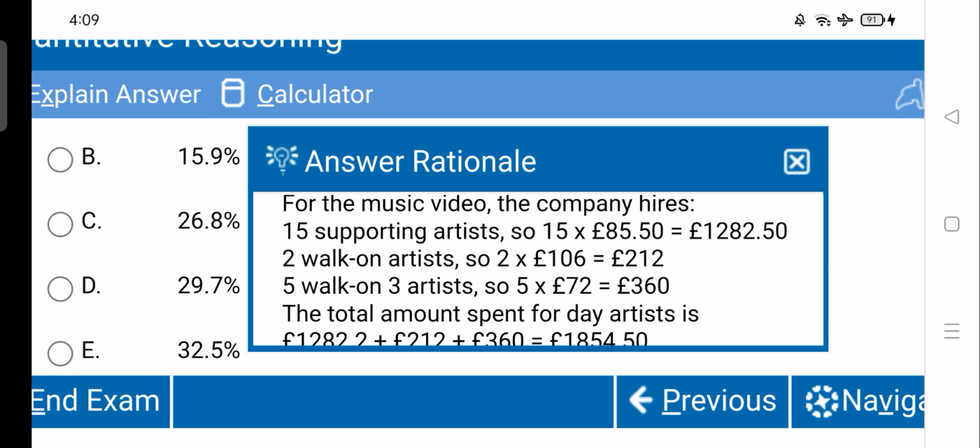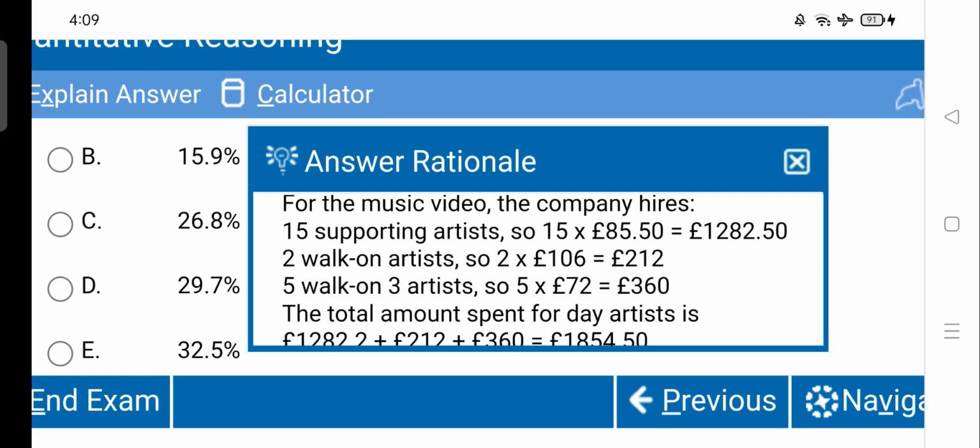Two walk-on artists, so 2 into 106 pounds equals 212 pounds. 5 walk-on 3 artists, so 5 into 72 pounds equals 360 pounds.